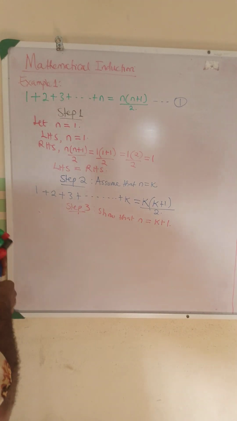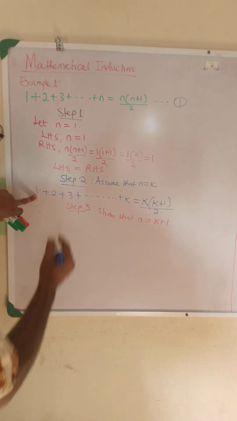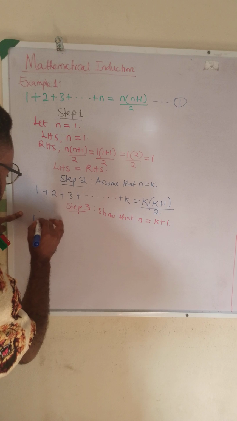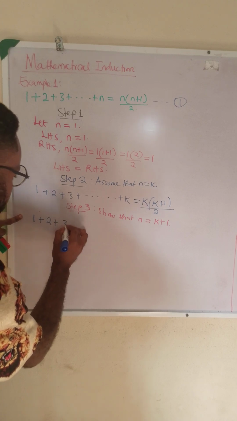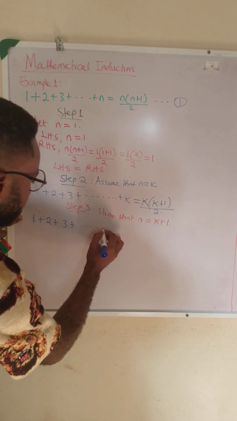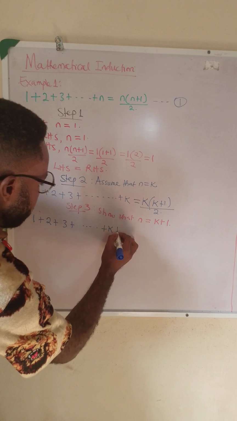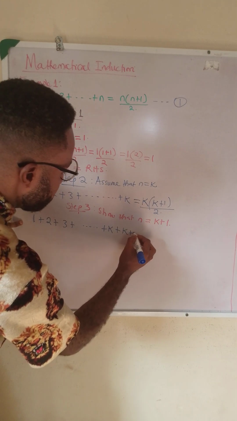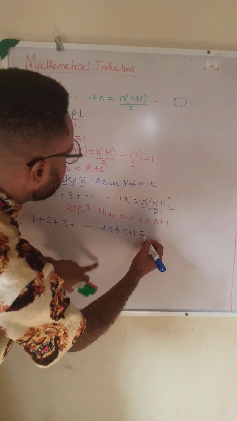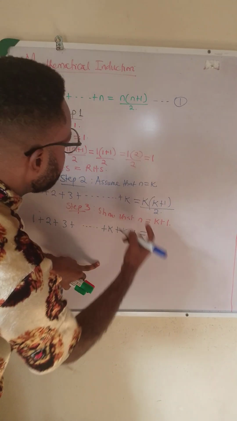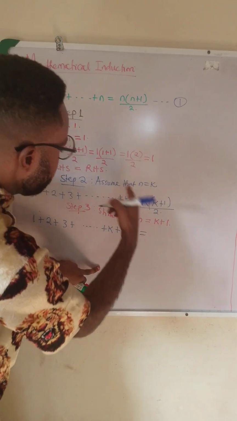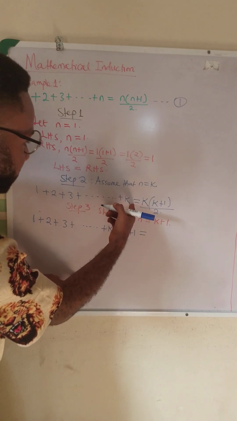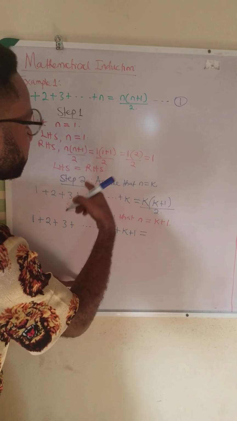In doing that, we capture this up to this point, so we are going to have 1 plus 2 plus 3 plus k plus, our n is k plus 1, so we have k plus 1 here, equal to, coming here, and n is k, so we have k plus 1. Note you cover from here to here in the assumption stage first before you introduce this.